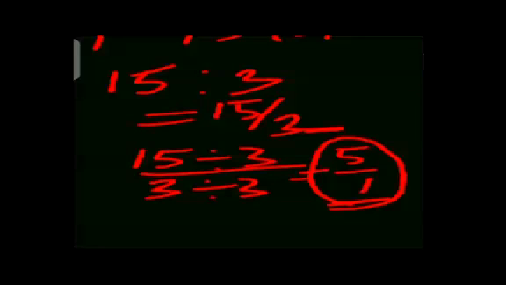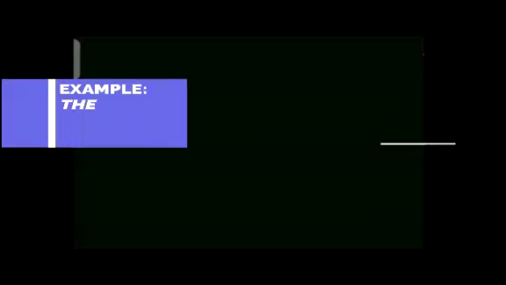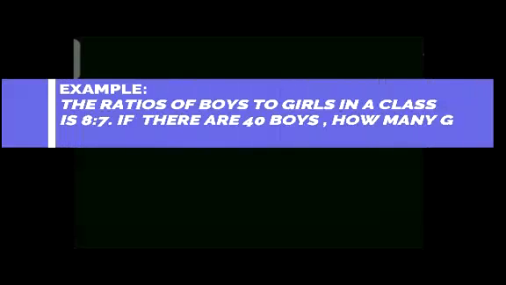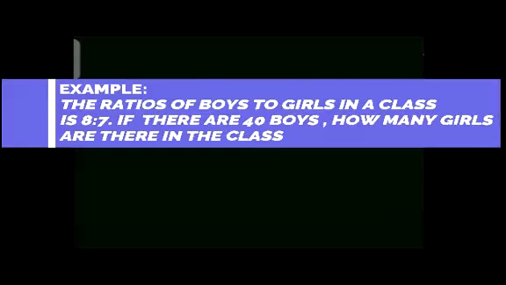Now let's quickly look at another question. The question says the ratio of boys to girls in a class is 8:7. If there are 40 boys in the class, how many girls are there in the class?